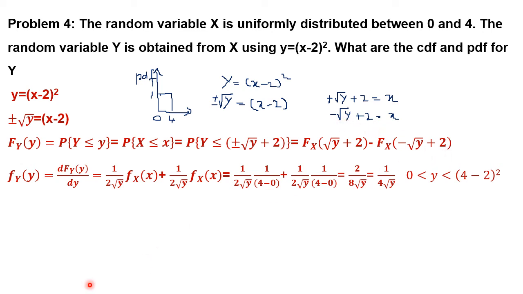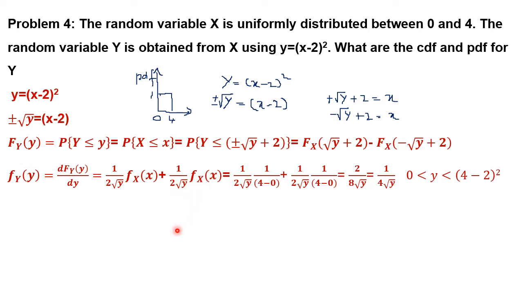We can obtain the PDF by differentiating the CDF function. When I differentiate this with respect to y, I get the answer as 1 divided by 2 root y fx of x plus 1 divided by 2 root y fx of x.